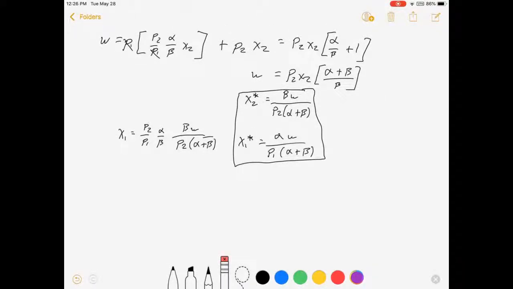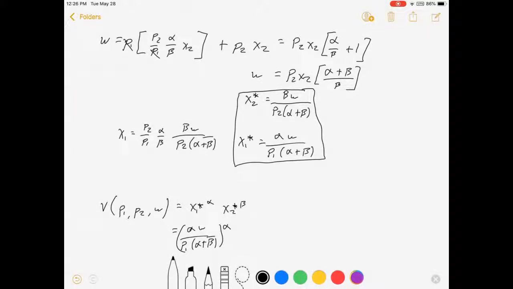I can also give you indirect utility functions if I wanted to, where I would say V of p1 p2 W, which is equal to x1 star to the alpha times x2 star to the beta, which is equal to alpha W over p1 alpha plus beta, all of that raised to the alpha, times beta W over p2 alpha plus beta, all of that raised to the beta.